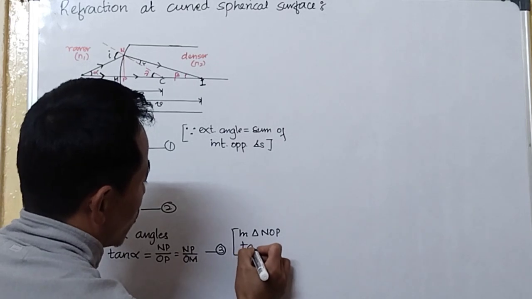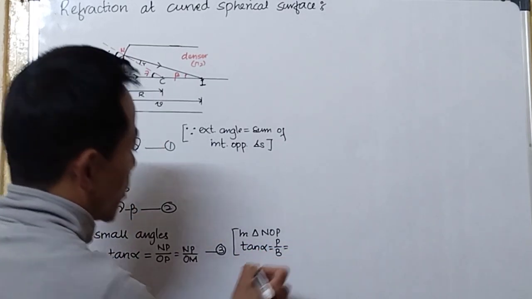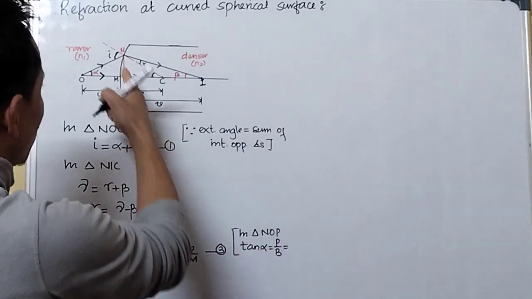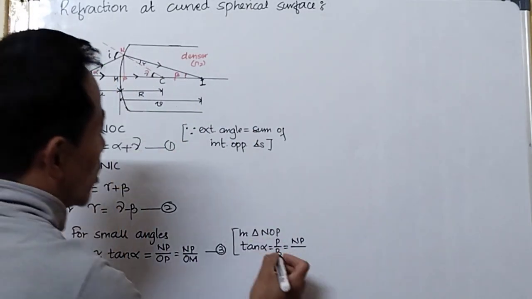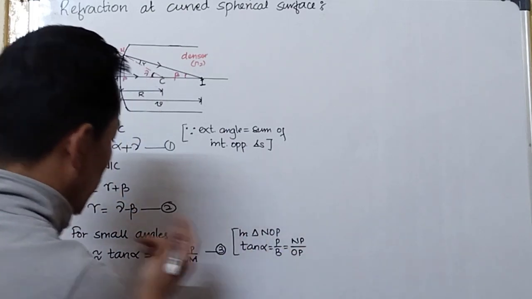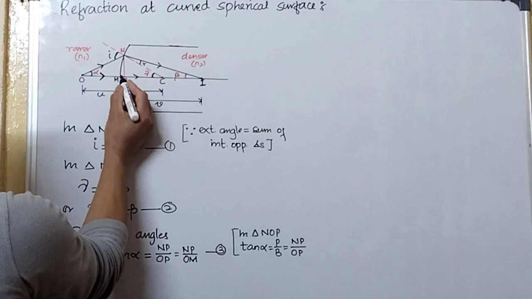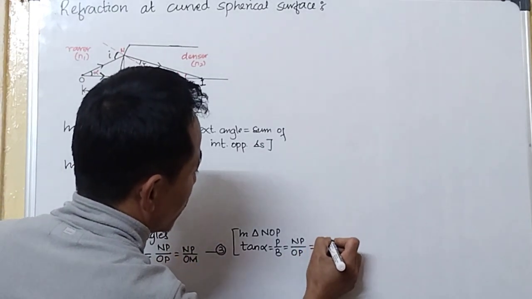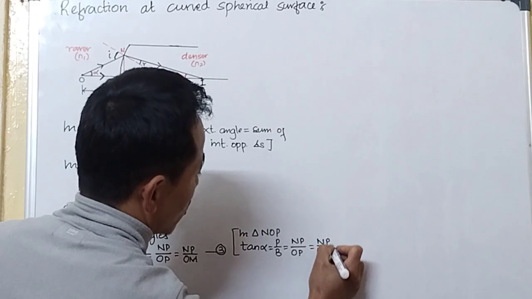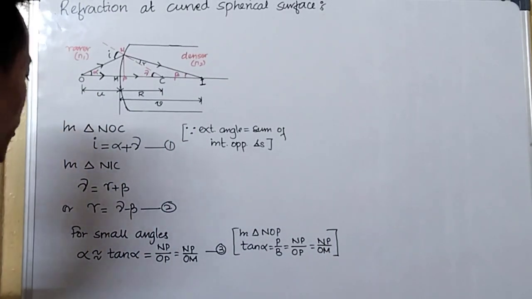In triangle NOP, tan of alpha is perpendicular by base, so perpendicular in this case is our NP and base is our OP. Now since P and M are very close to each other, we can consider that OP is nearly equal to OM. So we can write this as NP divided by OM. Alright, so this is our equation number 3.